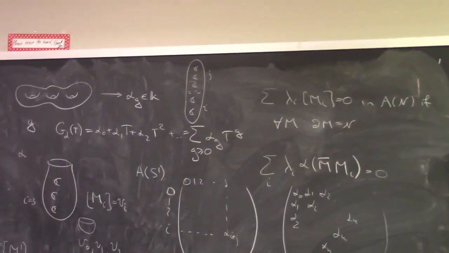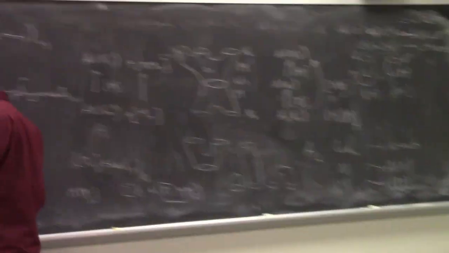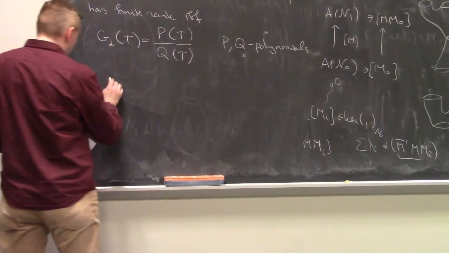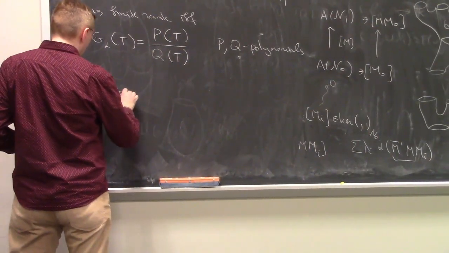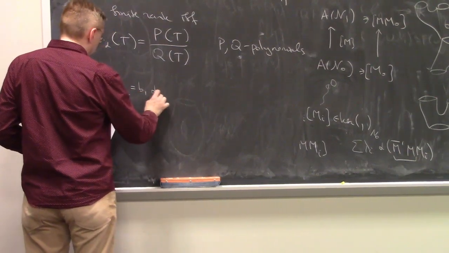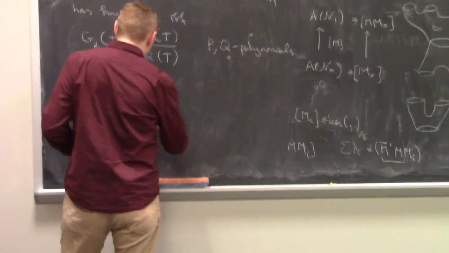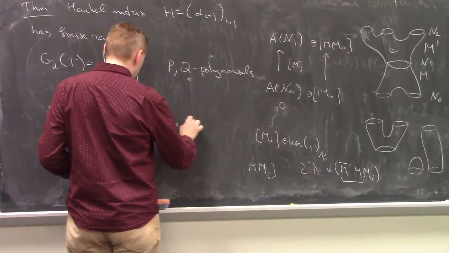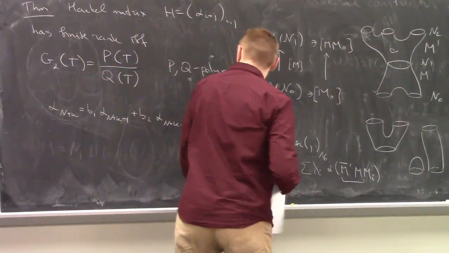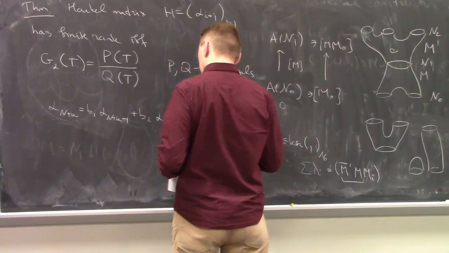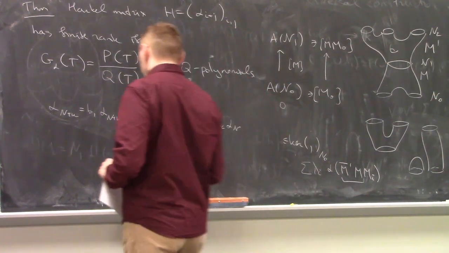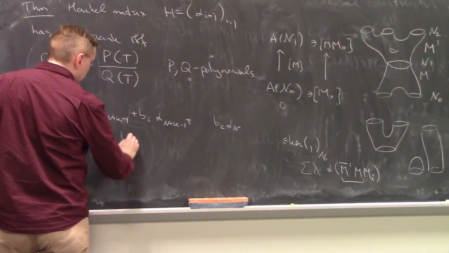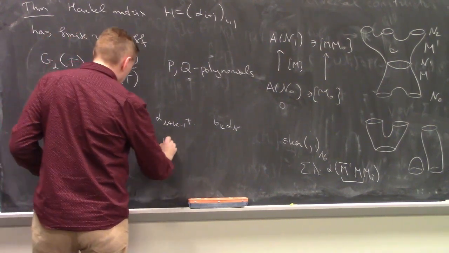And when you look at these relations, you see that you have to have the following: alpha n plus k should be equal to b1 alpha n plus k minus 1, plus b2 alpha n plus k minus 2, etc., plus b sub k alpha n, for some k and b1 through bk and all large n.